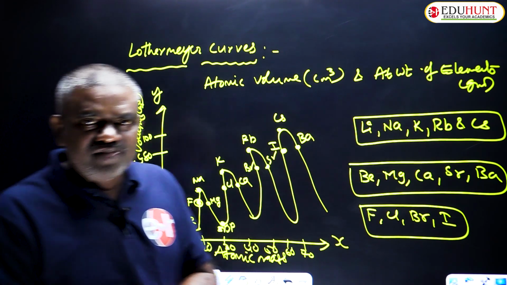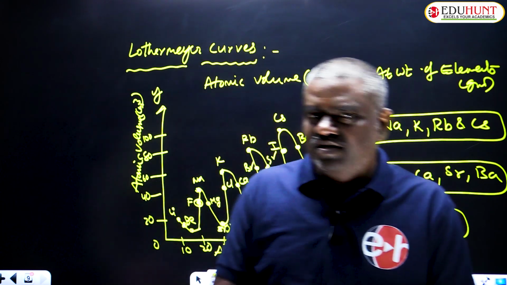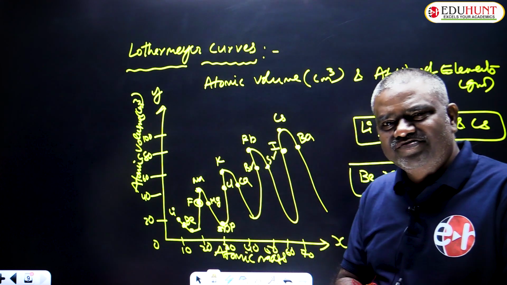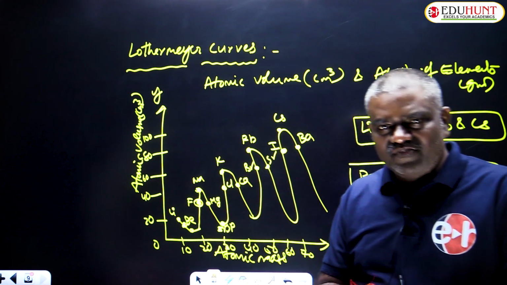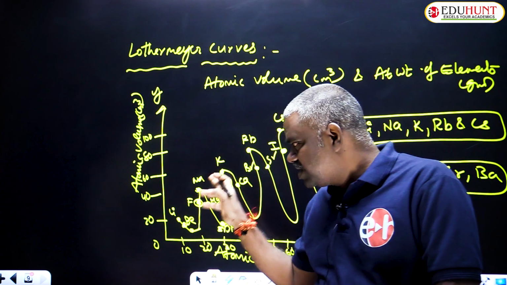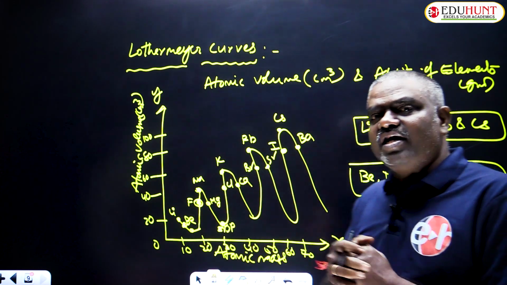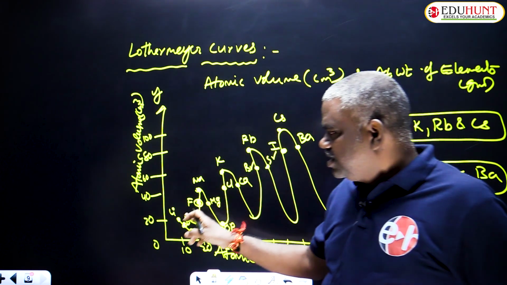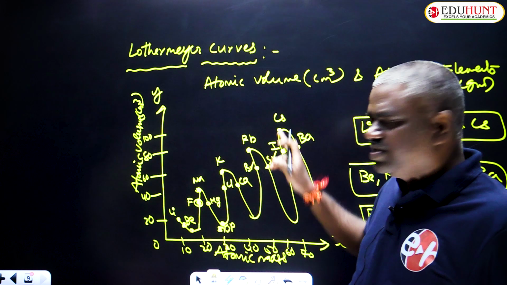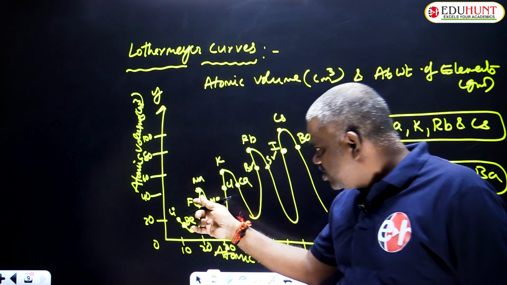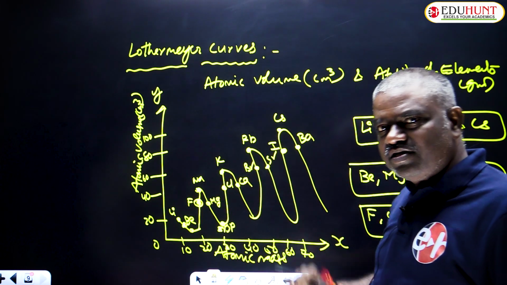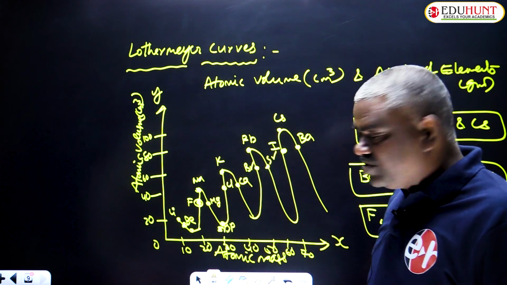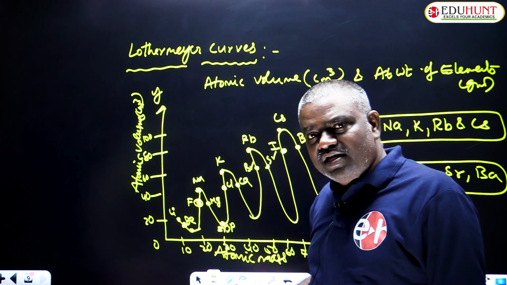For example, if you observe these curves, all peaks are occupied by some elements, which means they exhibit similar characters: lithium, sodium, potassium, rubidium, cesium. Understood? These all occupy the peak point, so they exhibit similar characters.